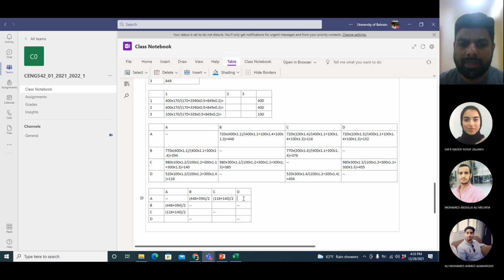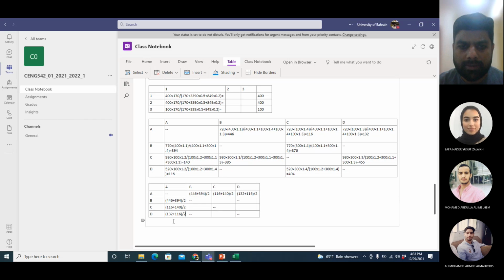Similarly, if you go here, then A to D is 132 plus D to A is 116 divided by 2. It will be the same value here as well. Then we have B to C. B to C is 376, and C to B is 385, divided by 2, and the same value here as well.